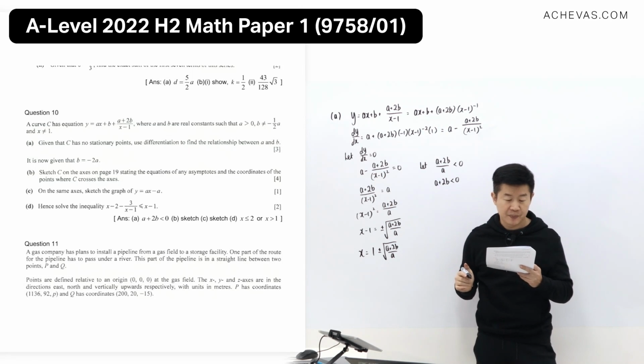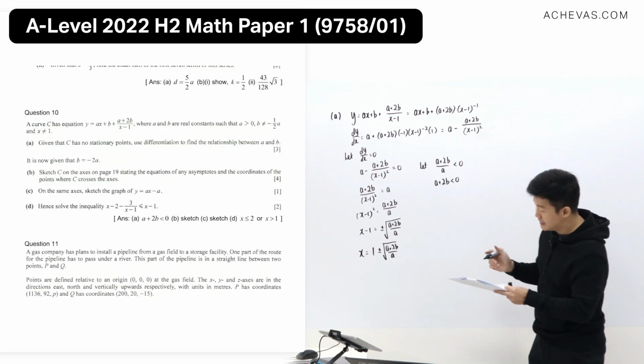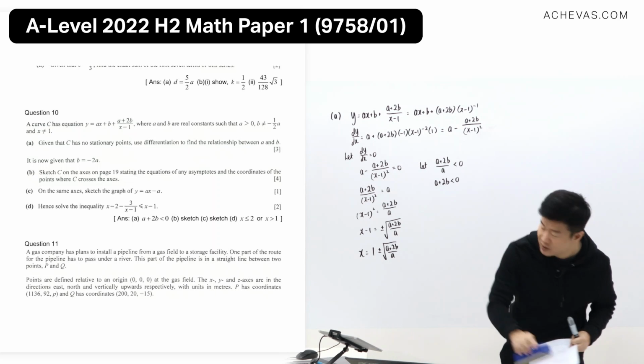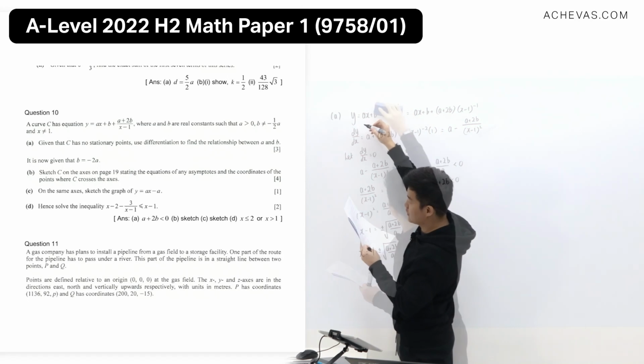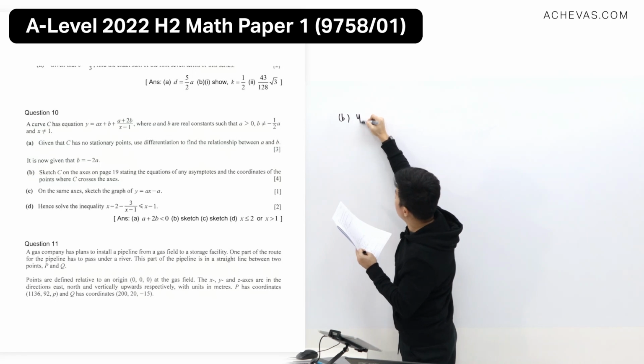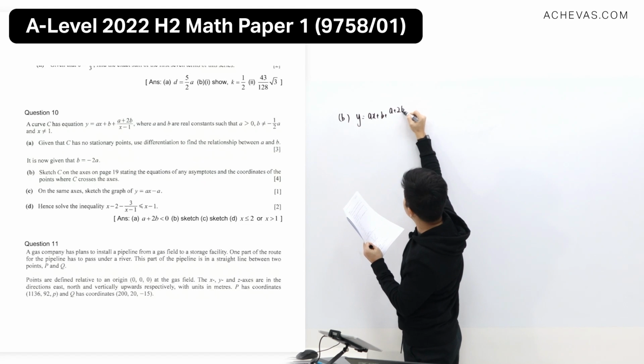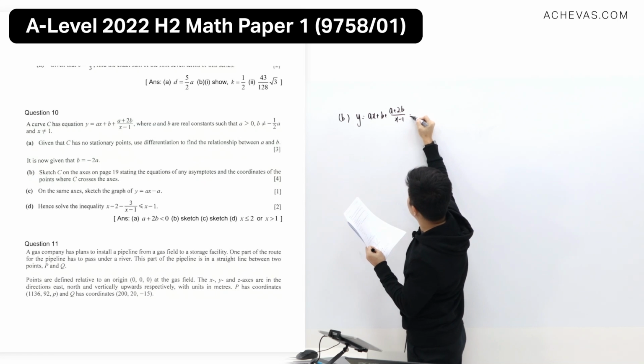Next, it is now given to us that b is equal to minus 2a. We are supposed to sketch the graph of C. Let me rewrite what is given here first, for part B. So y is given to us as ax plus b plus (a plus 2b) over x minus 1.